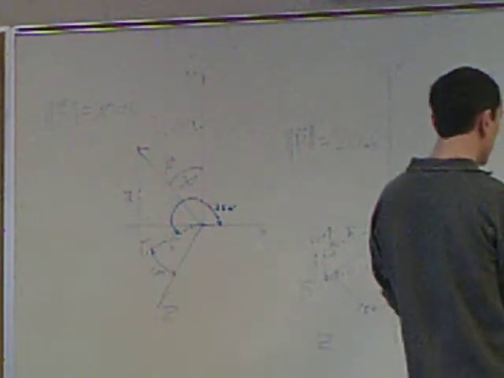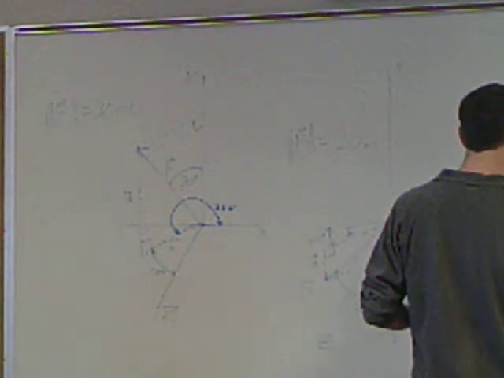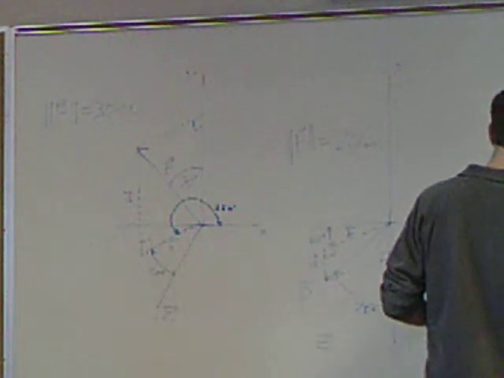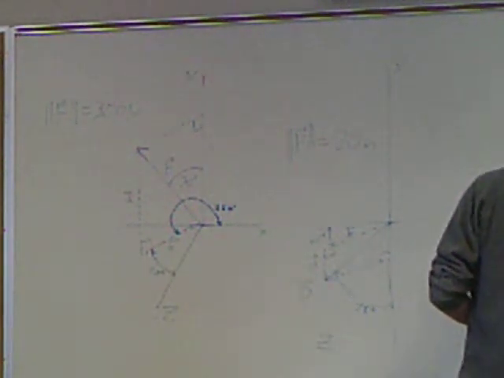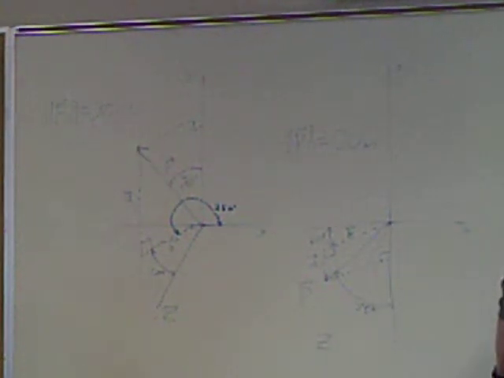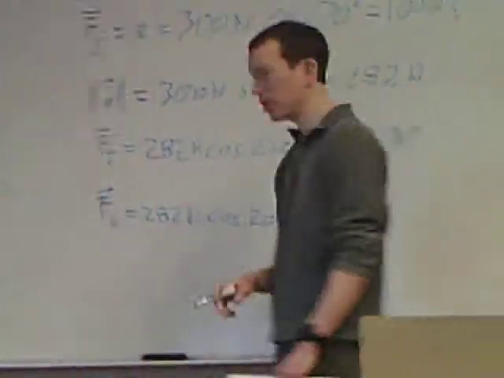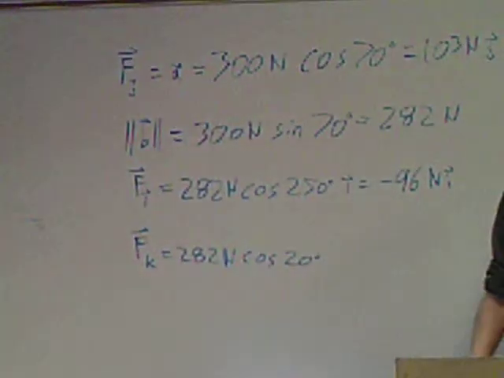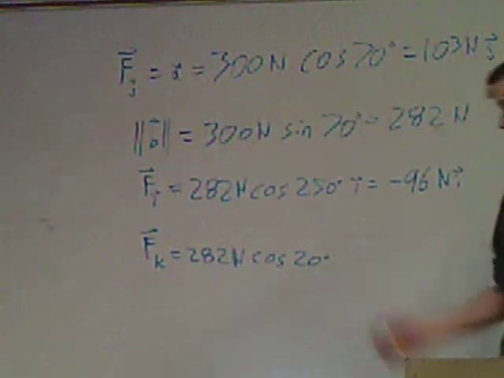Alright, so we got F in the K direction equals our 282 newtons, that's the magnitude of B. So like I said, this time it's cosine of 20 degrees. I wish I could give you a cookbook for that, but you just gotta think about it and see what makes sense, what's gonna give you the result you want. And that's literally what I do.